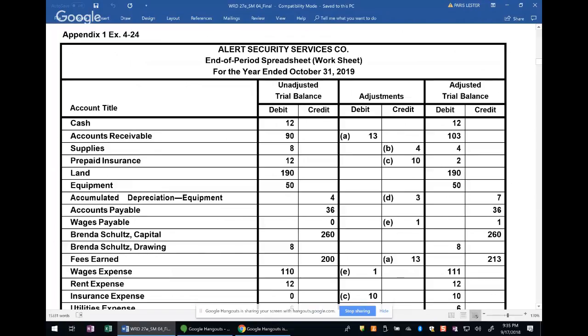All right, let's look at exercise 17. Exercise 17 is on page 210. Now, go back in your book if you need a road map. And what page are these closing entries on?